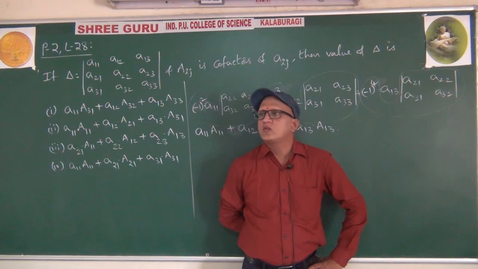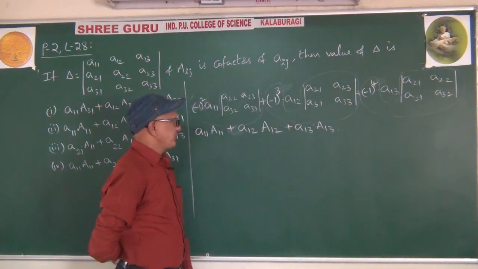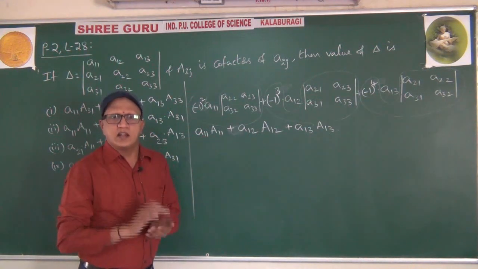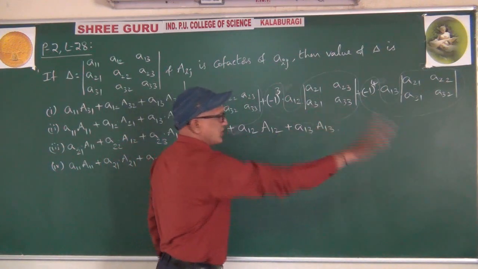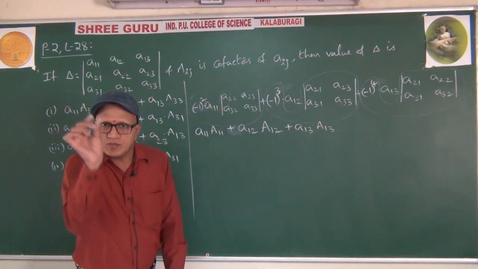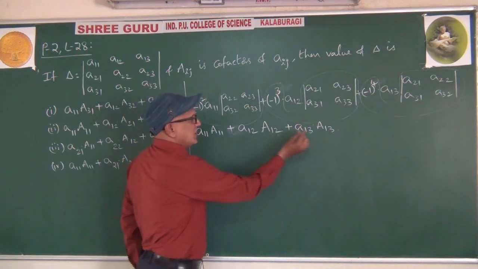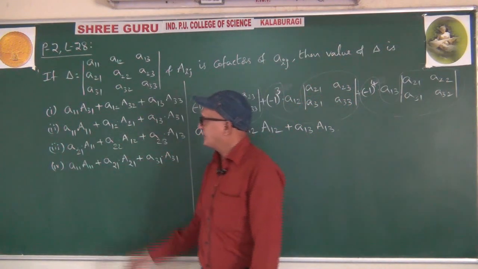We don't know, we have to find out. The trick: 11 11, 12 12, 13 13. Whatever number is here, the same number should be there. That is the answer.